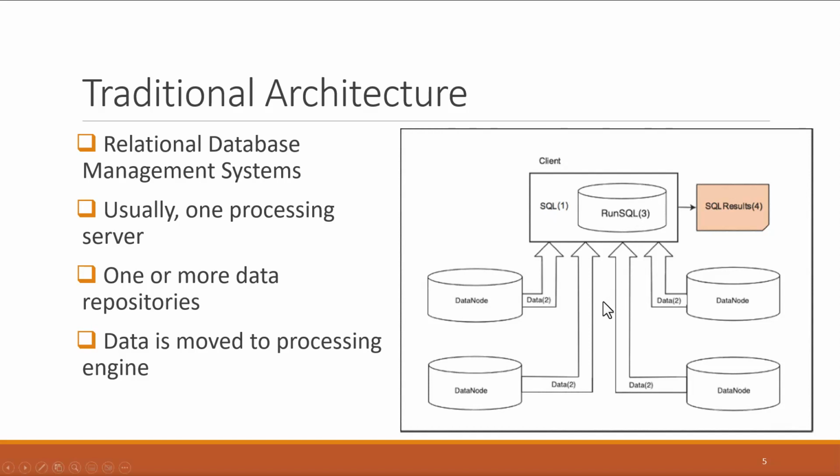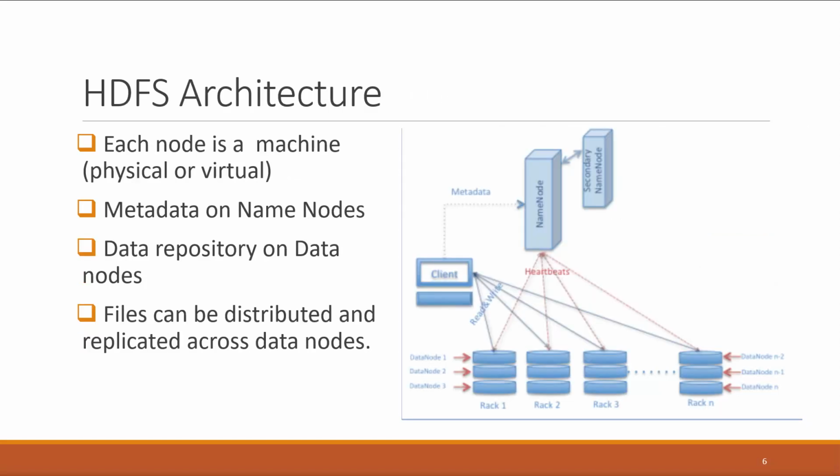So the alternative, instead of using a traditional architecture like this, is to use a distributed file system architecture. The HDFS architecture looks something like this. In the HDFS architecture, when we use the term node, just so you know, each node is basically a machine.